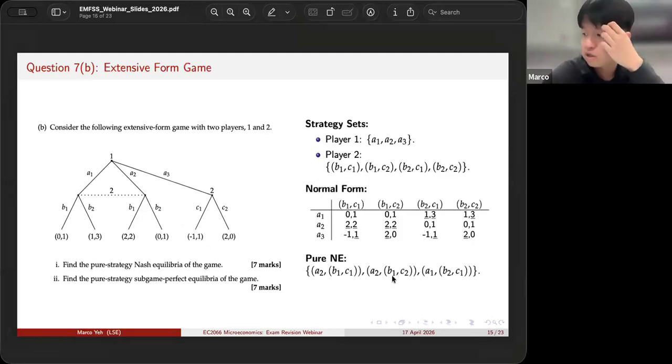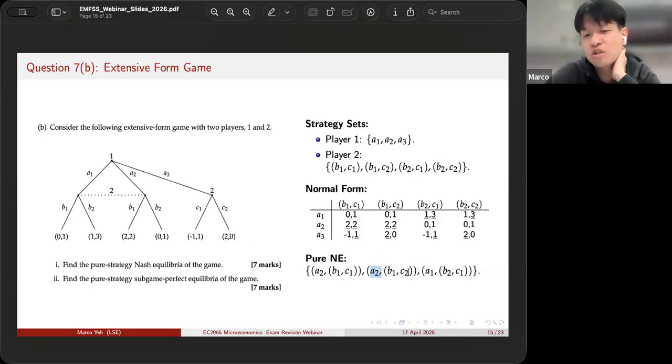So if we go back to the pure Nash equilibrium check, we will see C1 and C2. We will see C2 in one of the equilibria. Is it rational? Is it a pure Nash equilibrium? It is actually a pure Nash equilibrium. But we don't have subgame perfection. But why is it the case that we have C2 here under a pure Nash equilibrium? Look, player 1 is playing A2 in this case. So this C1, C2 subgame is never ever played.